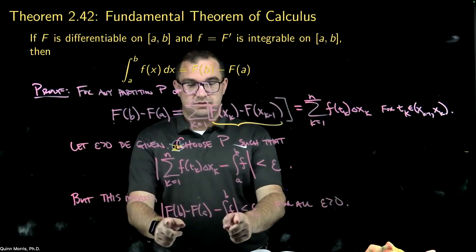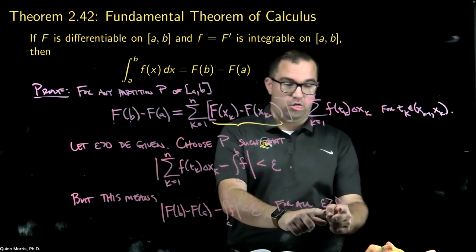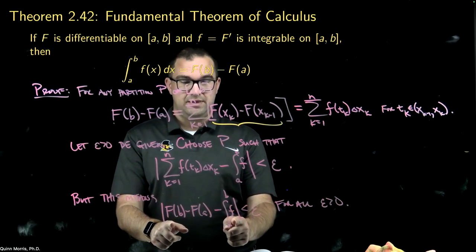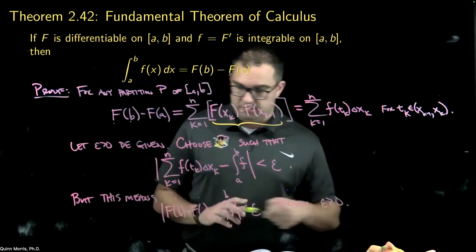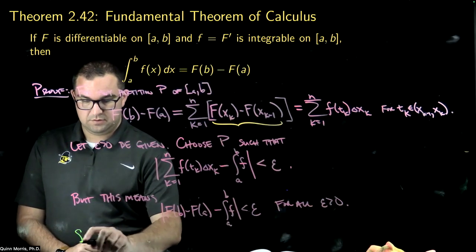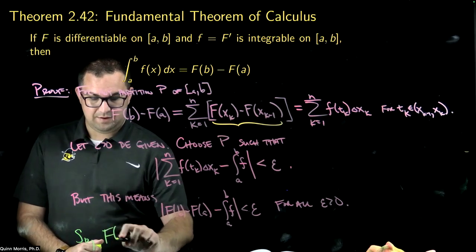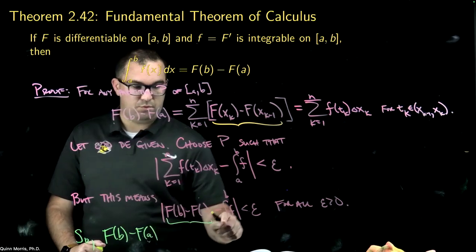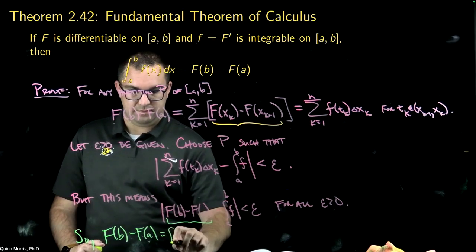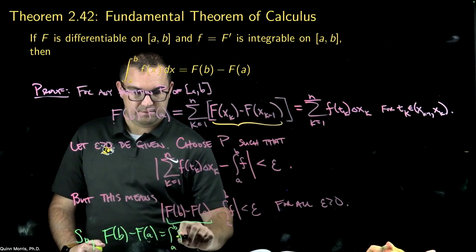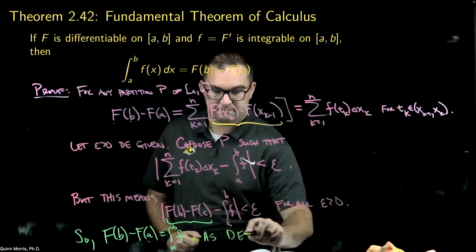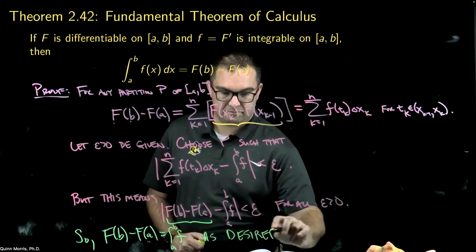So since this inequality holds for all epsilon greater than 0, this thing sitting inside here must be equal to 0. But that implies that f of b minus f of a, this portion, must be equal to this portion, as desired.